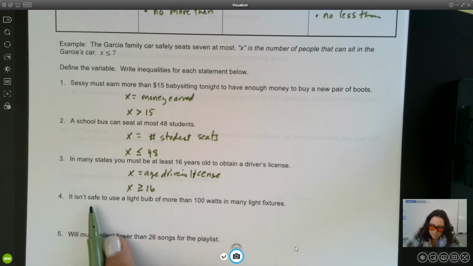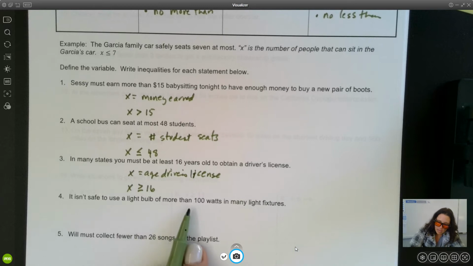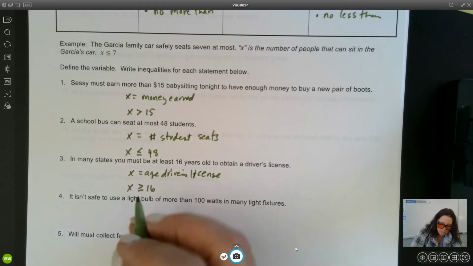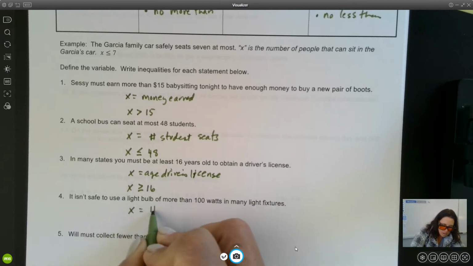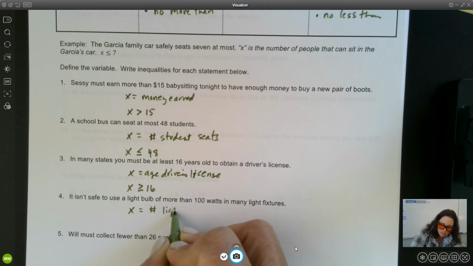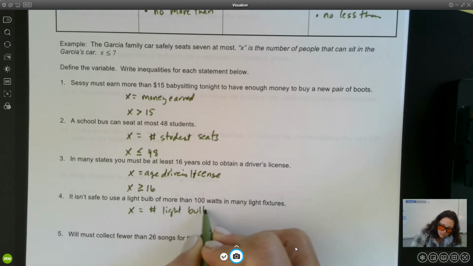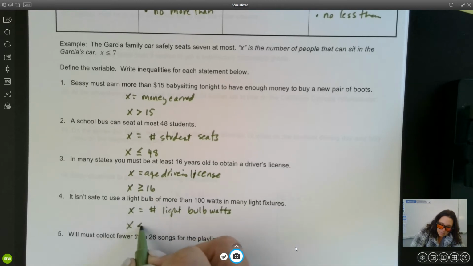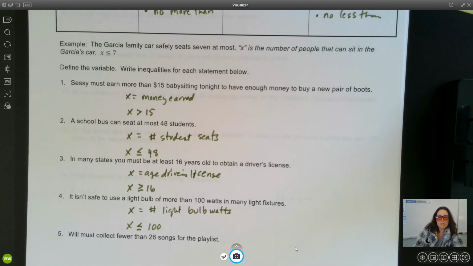It isn't safe to use a light bulb of more than, be very careful, 100 watts in many light fixtures. So you see that more than, and then you're thinking it's going to be greater than, but let's think about this. So if X is the number of light bulb watts, doesn't it have to be 100 or less to be safe in that light fixture?